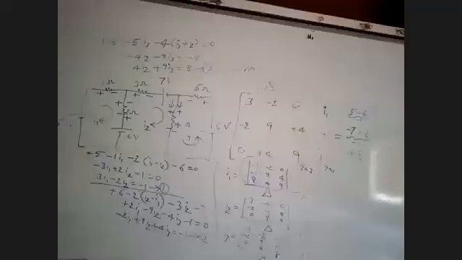Mesh means closed path, and loop is also called a closed path. In both mesh and loop analysis, we are applying KVL, Kirchhoff's voltage law. For solving the currents I1, I2, I3, we are using two methods. One is Maxwell's loop equation method, and the other is the matrix method, that is Cramer's method.